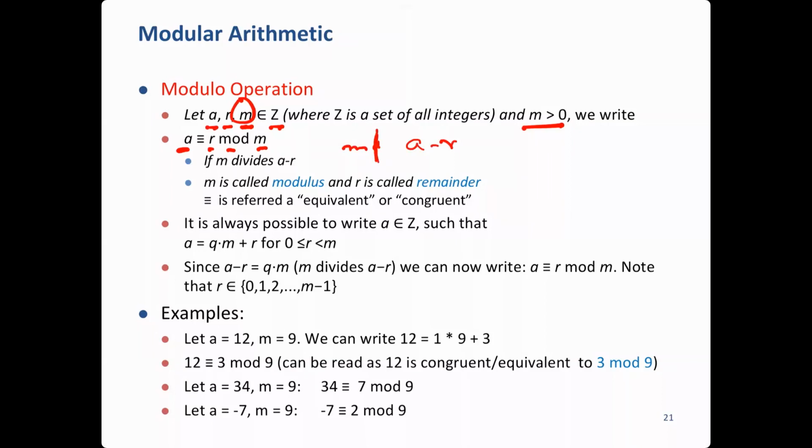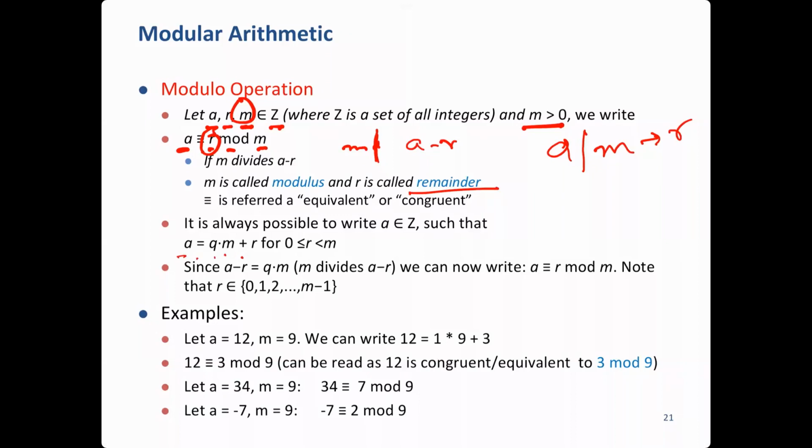Okay, so here what we say is that r is a remainder. If you take a and divide it by m, then r is the remainder. In fact, a is not here equivalence, but equal to q times m plus r, where q you can always find out, right?